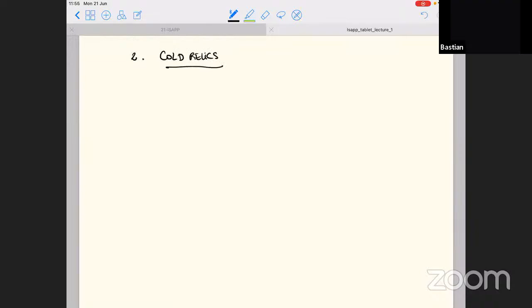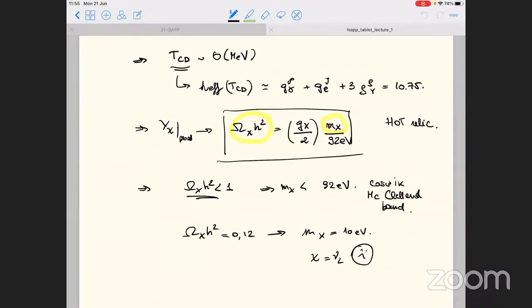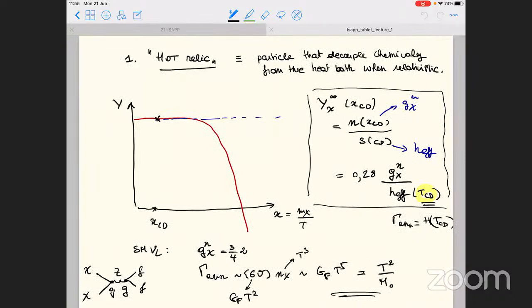I have a question regarding this. Yes, sure, go ahead. Sorry. I'm a little confused. Can you go back to the previous slide? Sure. You said this condition, that the annihilation rate must be equal to the Hubble rate, in order to get the temperature.